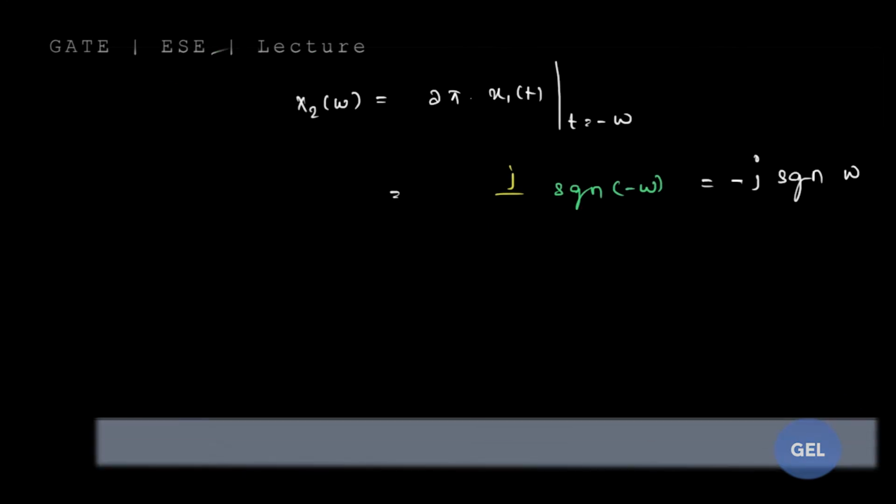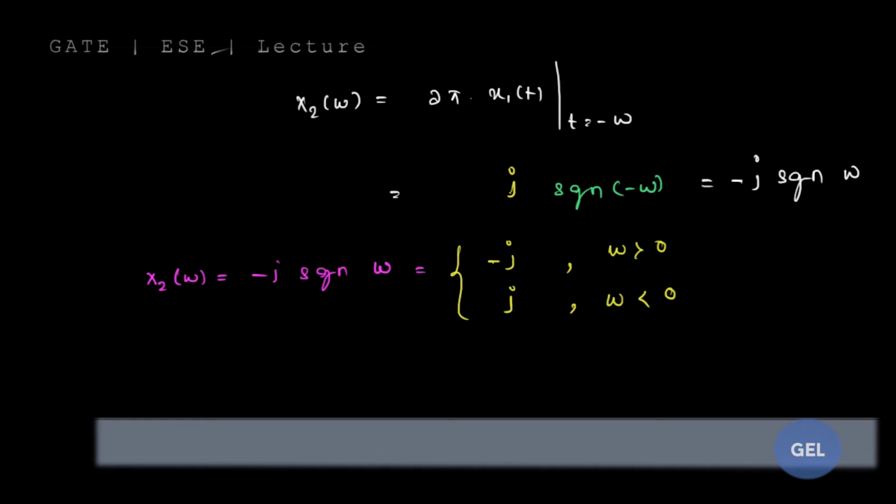Please look here. X2(omega) is nothing but minus j signum omega, which is nothing but minus j for omega greater than 0 and j for omega less than 0.